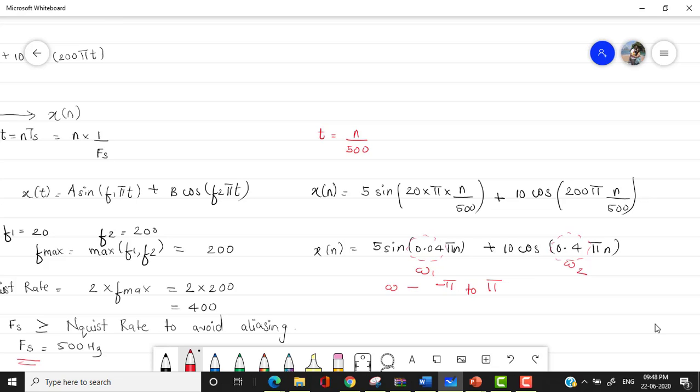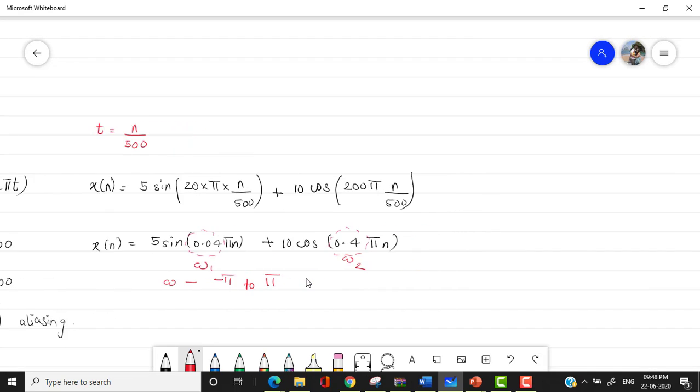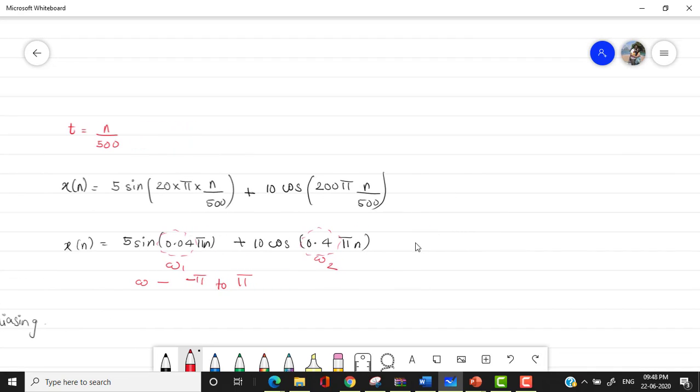Now in the question, if they ask that I have to reconstruct the given signal, okay, so I have to see whether the reconstruction is possible or not. So for the step of reconstruction, what we have seen till now, to convert a continuous time signal to a discrete time signal xn, the substitution that we do is t is equal to n upon Fs, right?